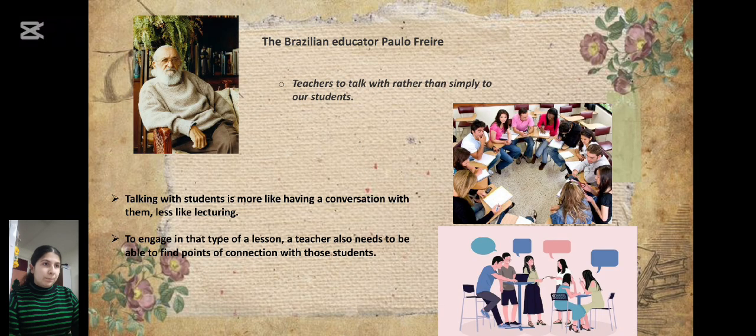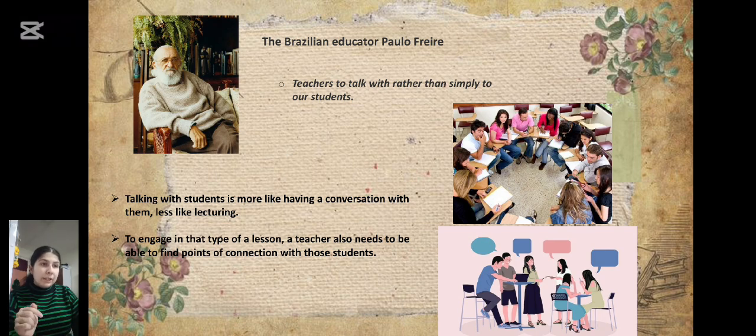Okay, let's continue. The Brazilian educator Paulo Freire says that teachers should talk with rather than talk to our students. So it is much more important to talk with students and not talk to students.